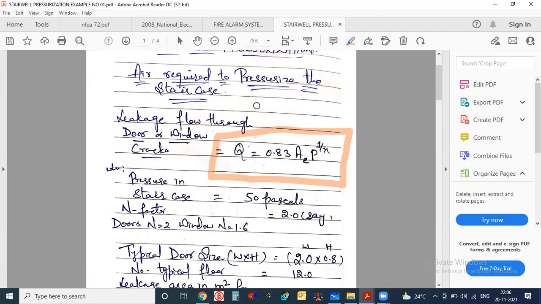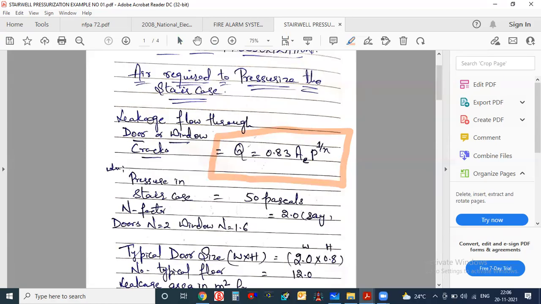To calculate stairwell pressurization, you should have knowledge of HVAC, because here also we are calculating CFM, and based on CFM we select the fans. Here one example is given. Suppose you are doing the calculation for pressurization, leakage flow through doors or windows cracks.